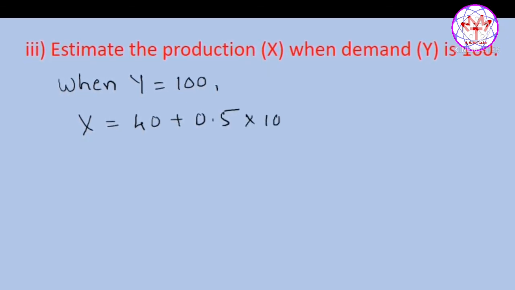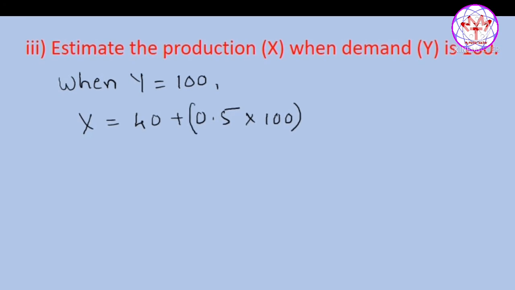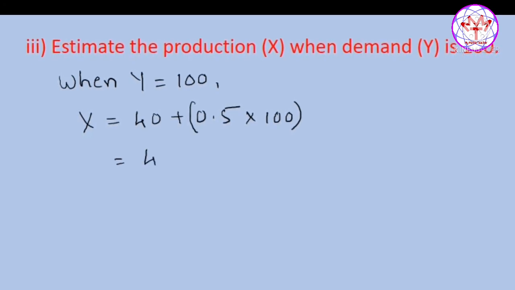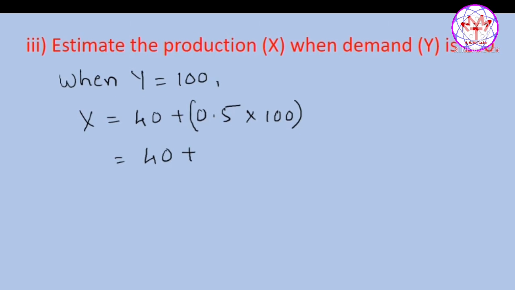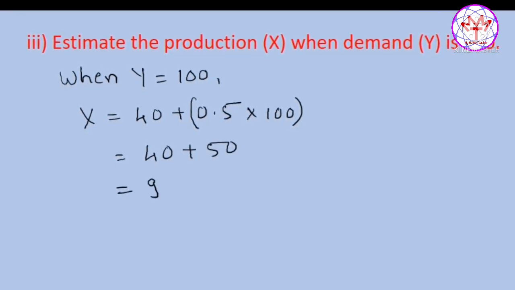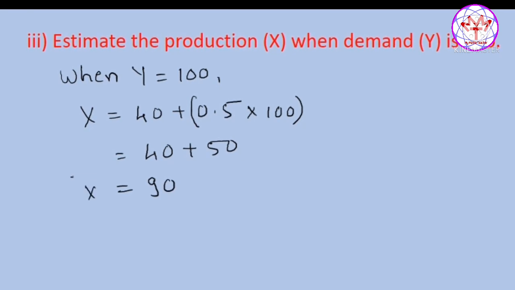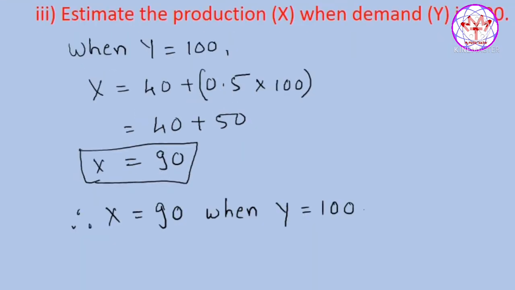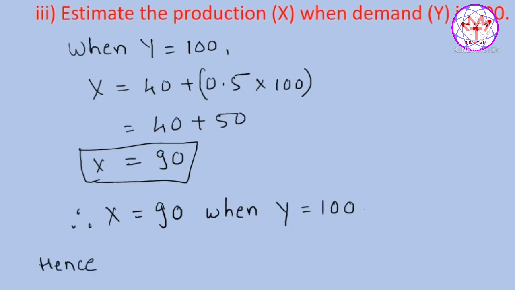So we get 40 plus 0.5 into 100 is 50. So we get 40 plus 50, that is 90. So x is equal to 90 when y is equal to 100. Now let's write the final answer. The production will be 90 when the demand is 100.